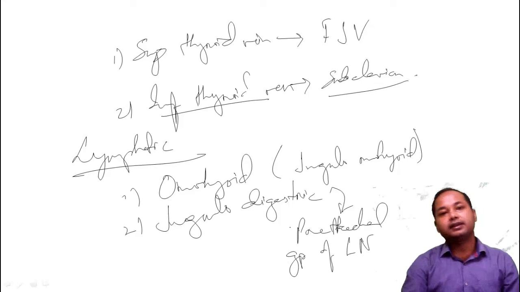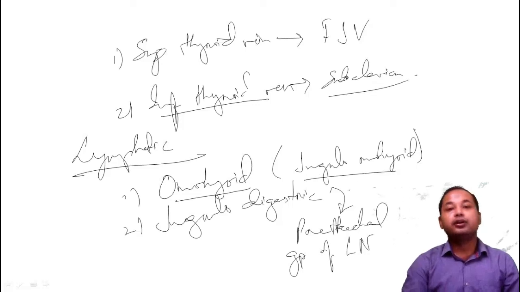So the lymph nodes here are named according to the structures which are found here. Omohyoid is a muscle, so jugulo-omohyoid, the jugular vein, internal jugular vein is there. So basically the group of lymph nodes are also called the jugulo-omohyoid group of lymph nodes.